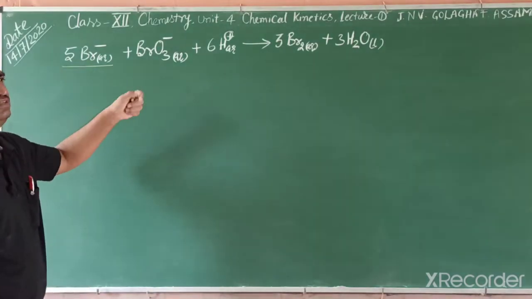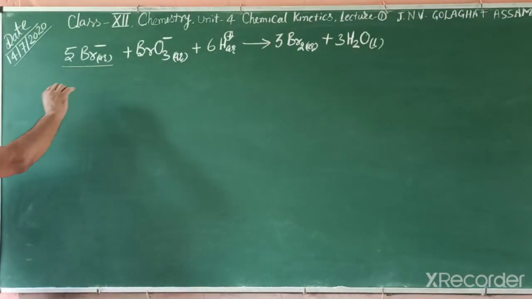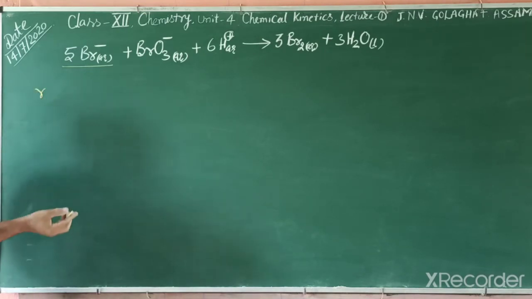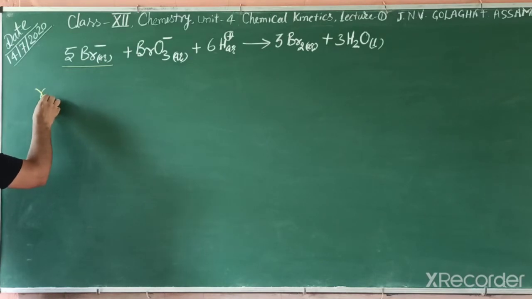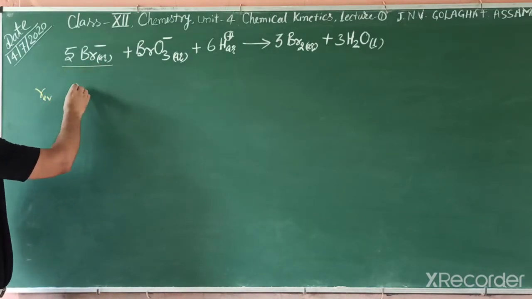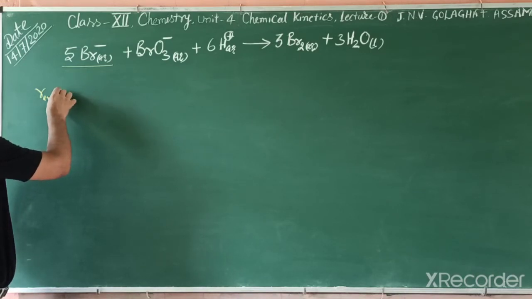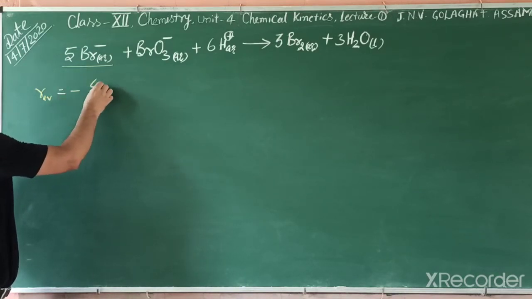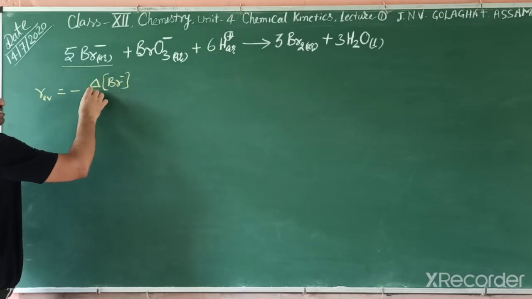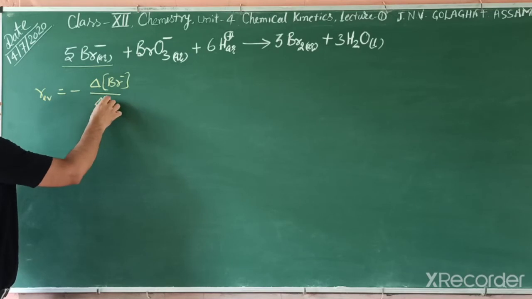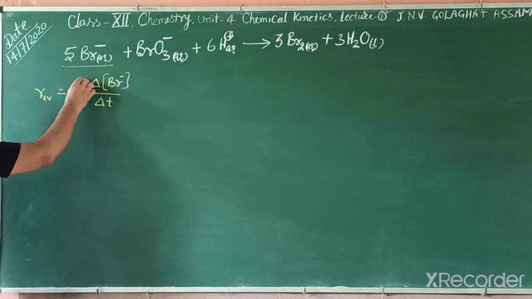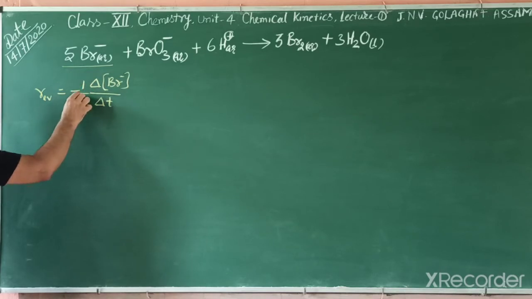And how can we write the rate of reaction? So for this reaction we write the rate of reaction in this way. If you write average, then we write delta. If you write instantaneous, then we write small d. So these are reactants, and the rate is equal to minus delta [bromide] concentration divided by delta t. Students, we divide by the respective stoichiometric coefficient, 1/5.